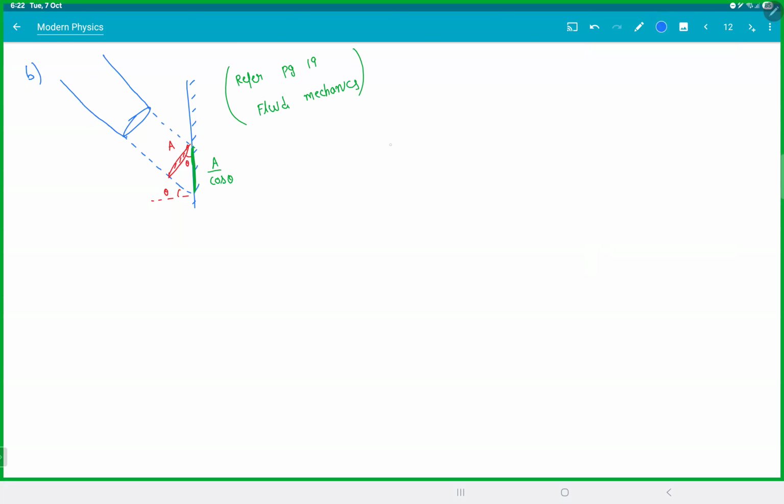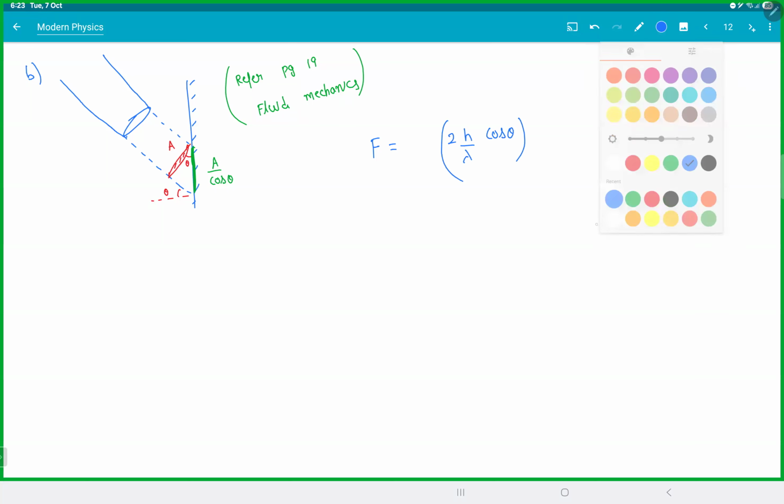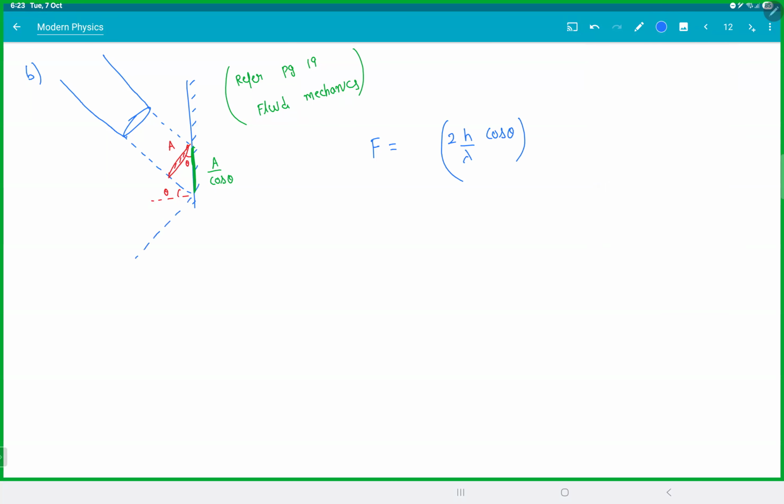So let n be the number of photons per second. So the force will be 2 times h by lambda cos theta. This is the change in momentum of one photon because you're hitting at an angle, like an oblique collision, into n, the number of photons per second. So this is delta p of one photon, and when you multiply by n, it becomes the total change in momentum per second.